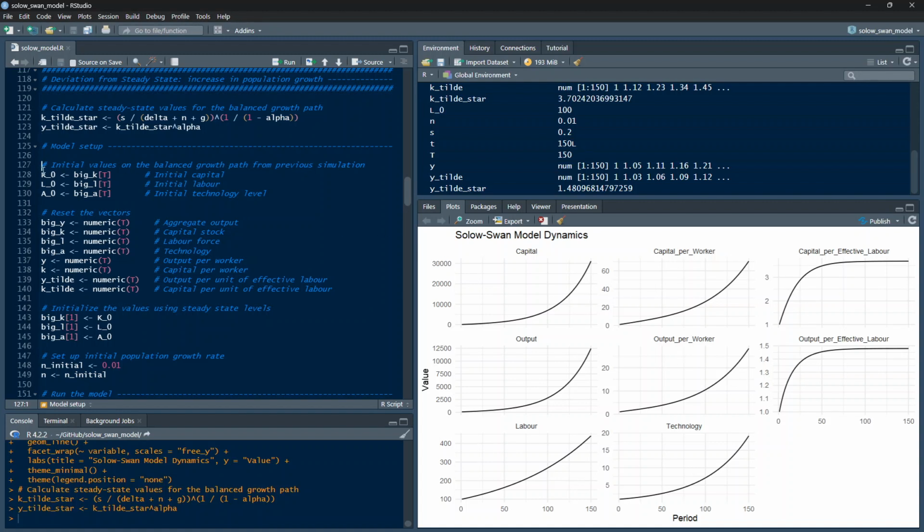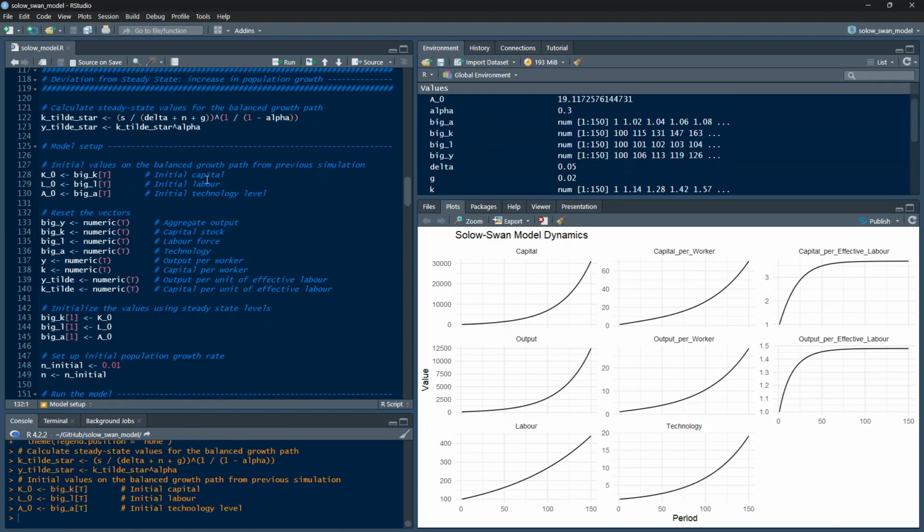So let's start by initializing our model again. We're going to choose our K0, L0, and A0, so capital, labor, and technology levels in time 0, based on what we saw at the end of the previous simulation, so that they are around the level of the steady state.